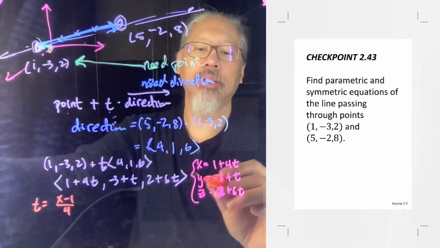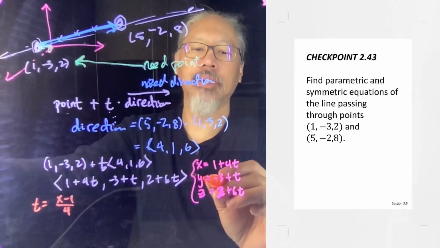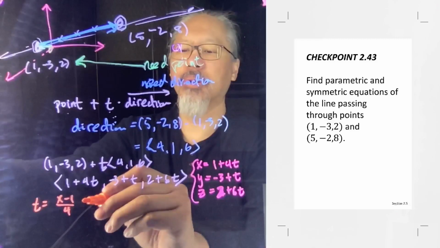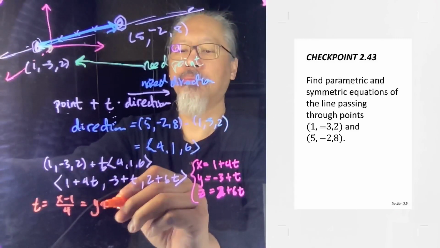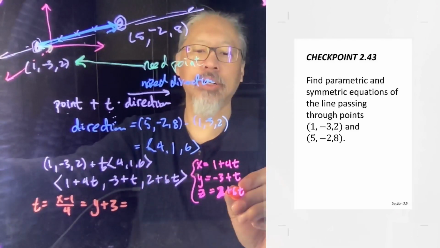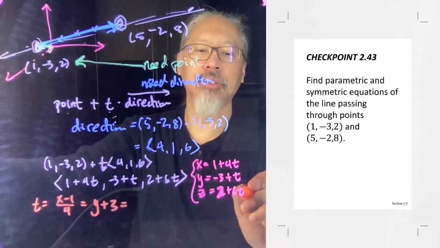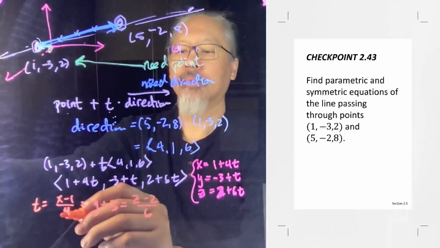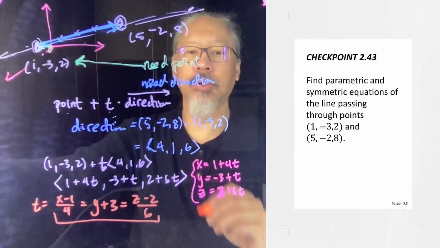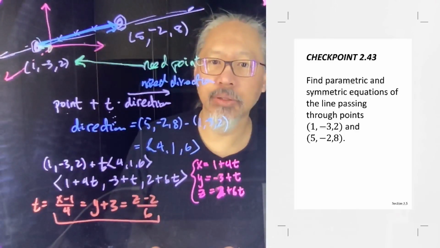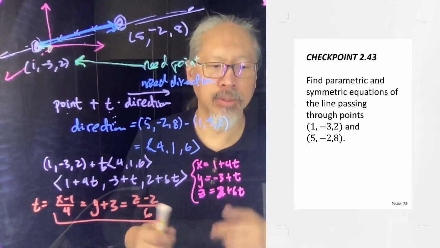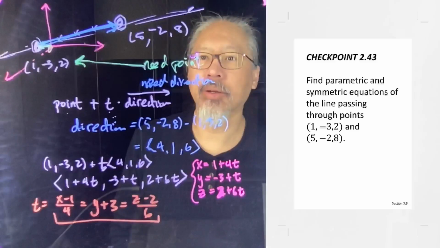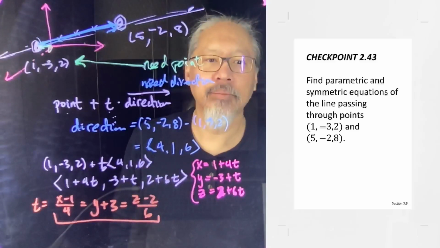For the second one, it's going to be y plus 3 divided by 1, so just y plus 3. And then the last one would be z minus 2 divided by 6. Okay, and if we just see what those things are all equal to, what the t's are all equal to, those will become our symmetric equations. Okay, I hope that helps.